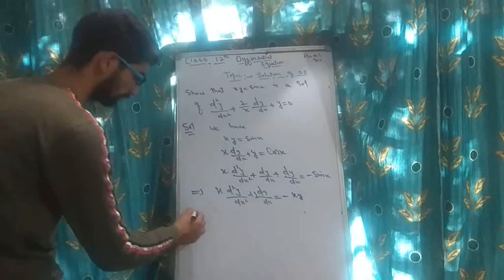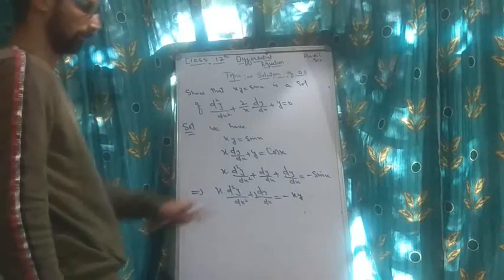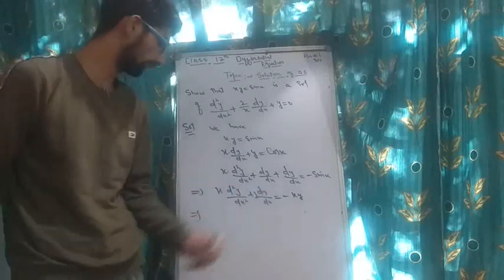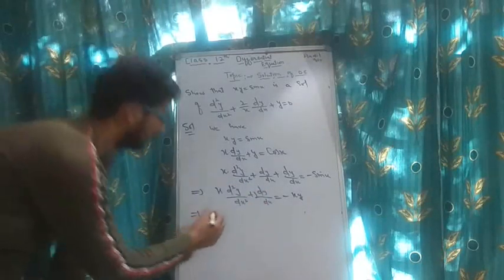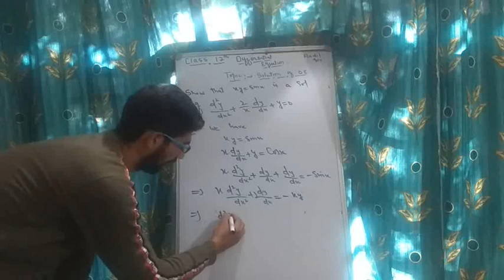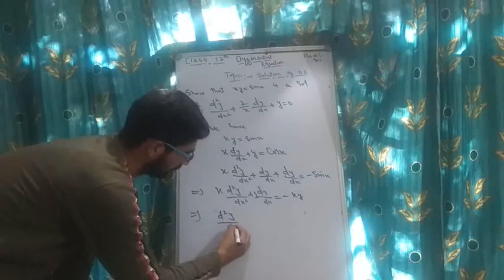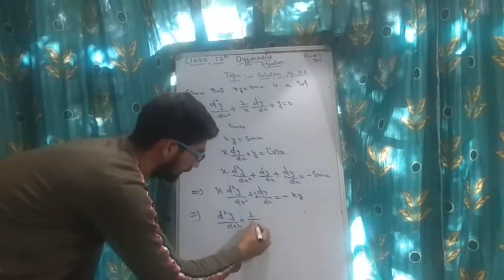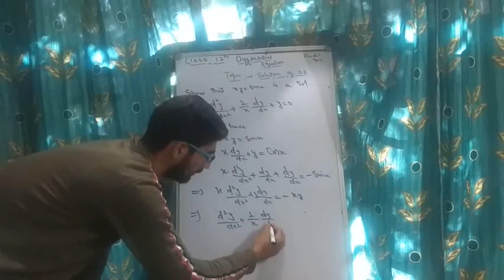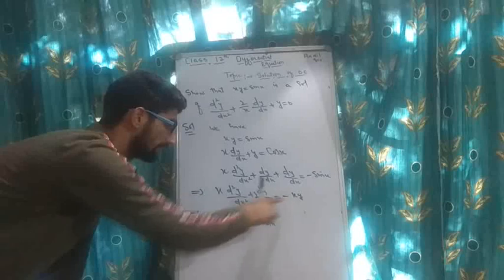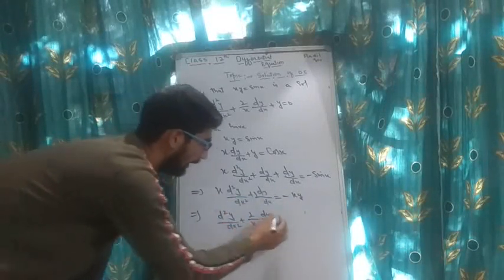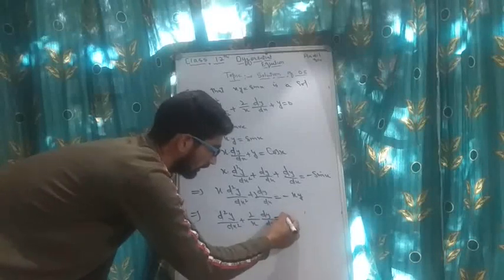Now we will divide this by x throughout, so here it will be d square y by dx square plus 2 divided by x dy by dx. Why? When we divide by x throughout, x and x get cancelled, and on the right side it will be minus y.